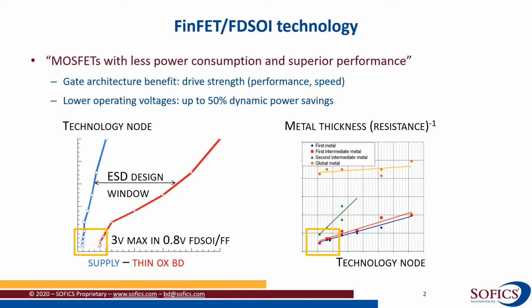ESD current will also be carried through metals on the chip, and hence the resistance of those metals is very important because it adds to the consumption of the ESD design window. As we can see on the right hand side, with technology nodes declining, we see thinner metals, and since that is inversely proportional to the resistance, we will see higher resistance.